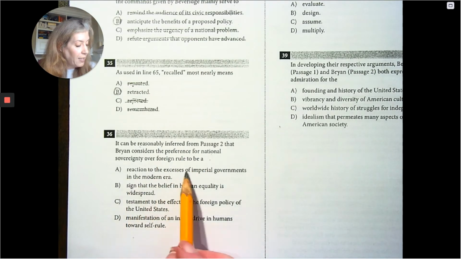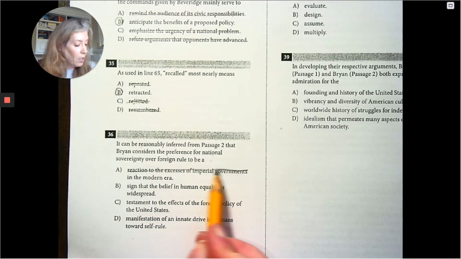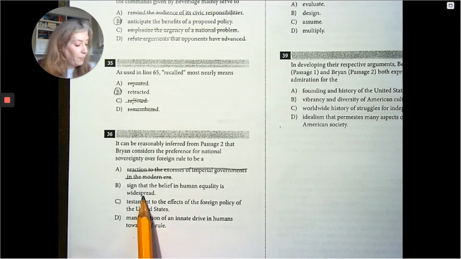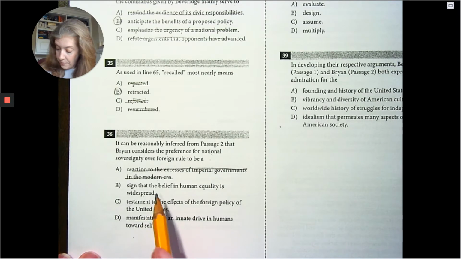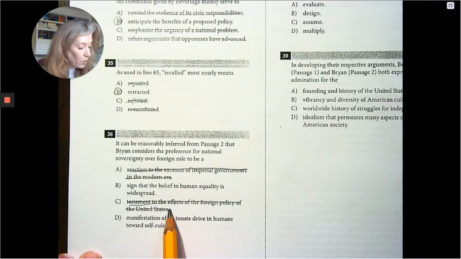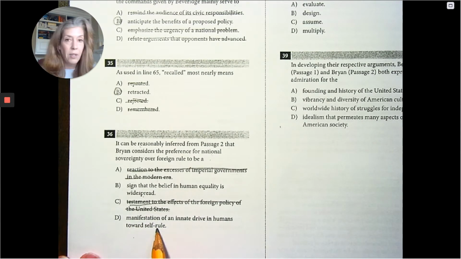Reaction to the excess of imperial governments in the modern era. There was no reaction. Sign that the belief in human equality is widespread. I like that one a lot. Testament to the effects of the foreign policy of the United States. I can't keep that one. Or a manifestation of an innate drive in humans towards self-rule.